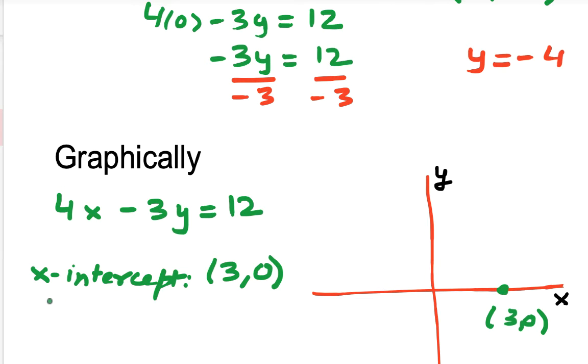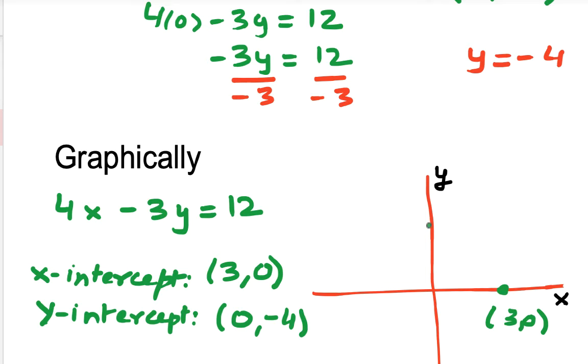Now remember, to draw this line, we need 2 points. One we have already got is the x-intercept. The next one would be the y-intercept, which is the point (0, -4). Eyeball it over here. This is the point (0, -4).